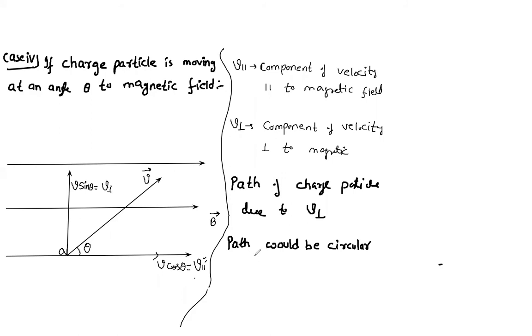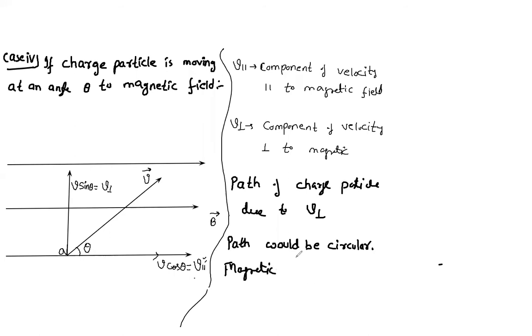So first of all, in that circular path, you are supposed to calculate the radius of the path. Along with the radius, you have to calculate the frequency and the time period. So I'm repeating the calculation of case 3, where the charged particle is moving perpendicular to the magnetic field. First, let's calculate the magnetic force.